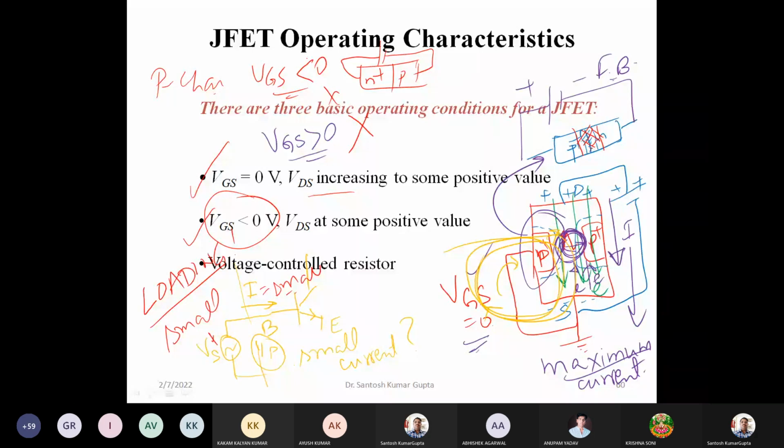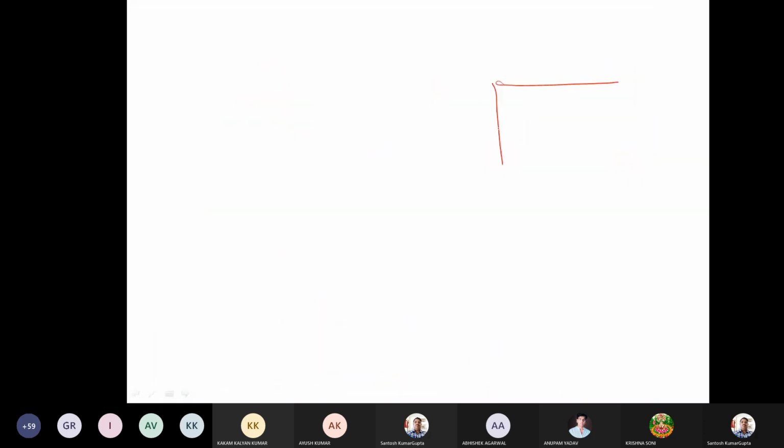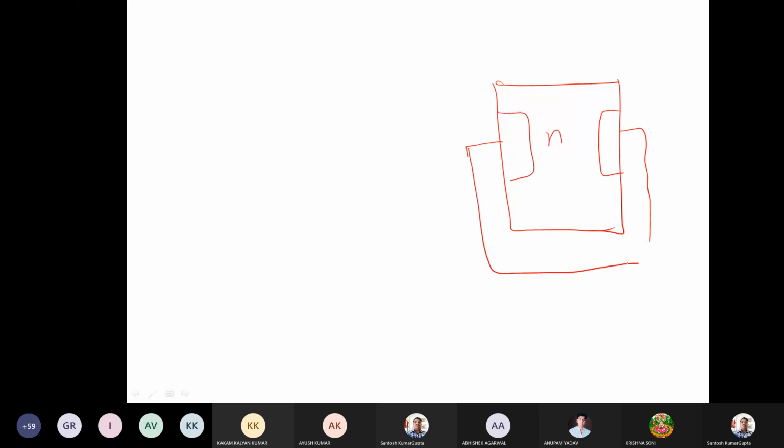So what we can see is that if we apply a reverse bias voltage at the gate, then the depletion region is going to extend more and more into the channel, because the gate region is heavily doped.